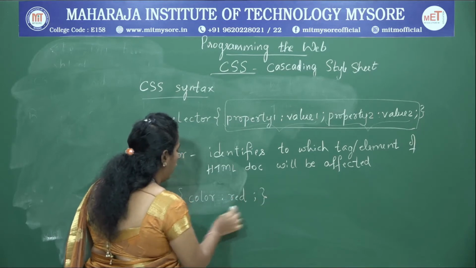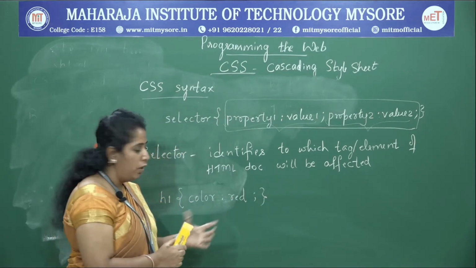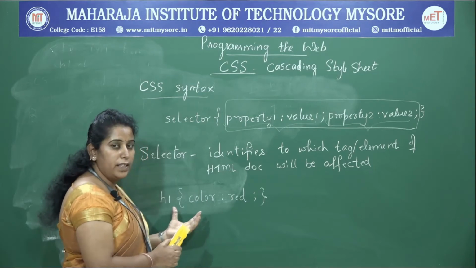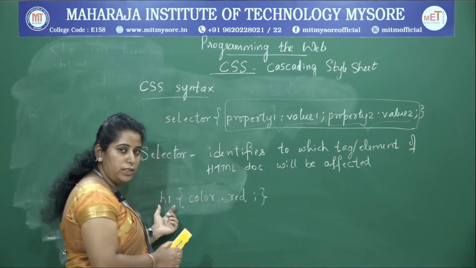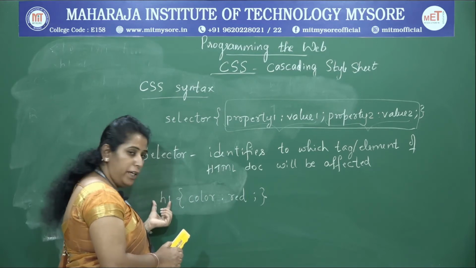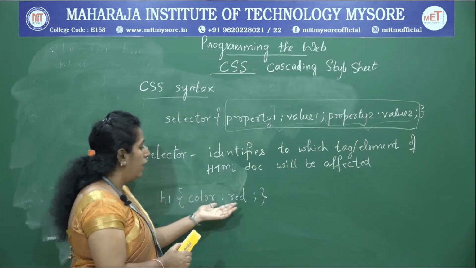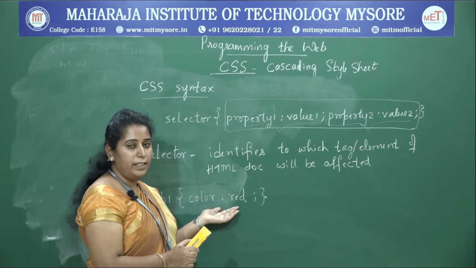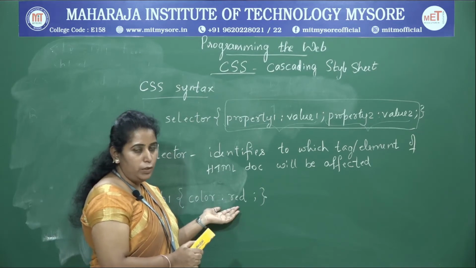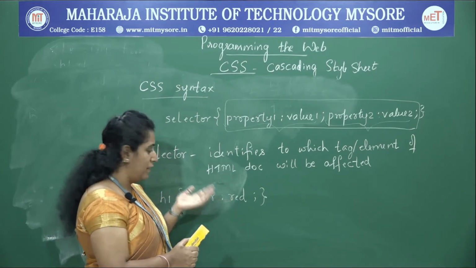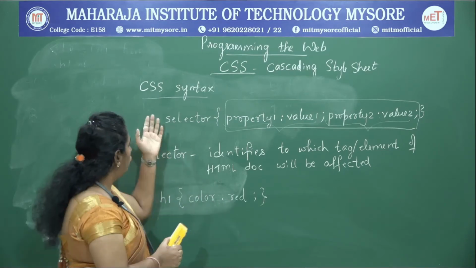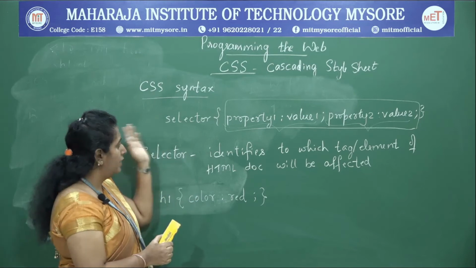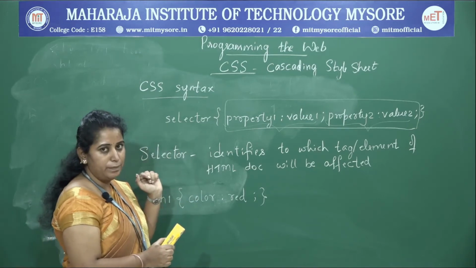I am setting only one rule. Now in your HTML document, wherever you have used this tag, for this particular tag content, the properties will be set in this way. Let me write a simple example on this. Finally, you will get to know. Hope you have understood this CSS syntax.